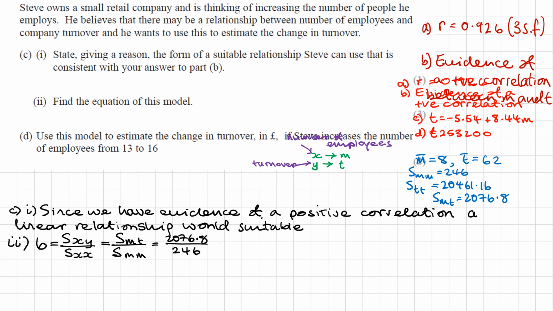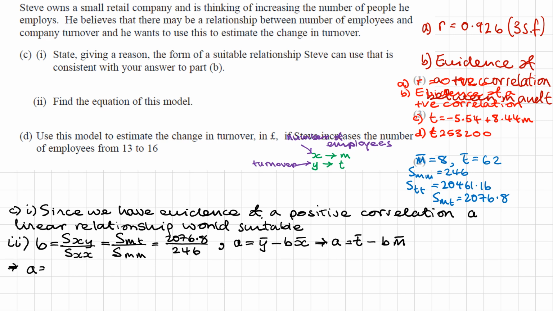We'll work it out in a moment because we now need to work out a, and a is equal to the mean of y, again from the formula book, minus b times the mean of x. So a will equal the mean of T minus b, which is what we've just got here, times the mean of M. We'll put those values in and see what we get for a.